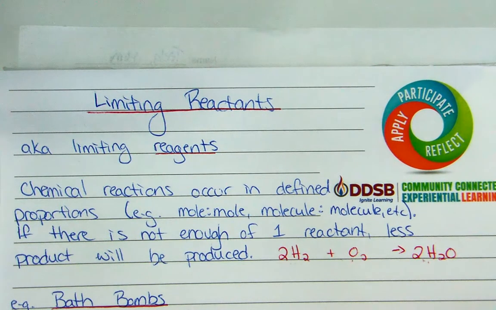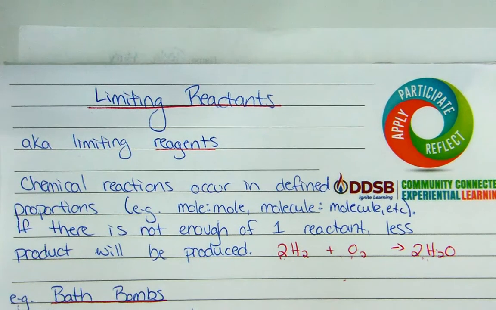So we're not going to talk too much about molecules, because also the chance of a reaction happening with a single molecule and not billions of other molecules of that same compound around is very, very, very unlikely. So if I needed 2 moles of hydrogen and 1 mole of oxygen, and I didn't have 2 moles of hydrogen, then the amount of oxygen used would also decrease and the amount of water produced would decrease, right?